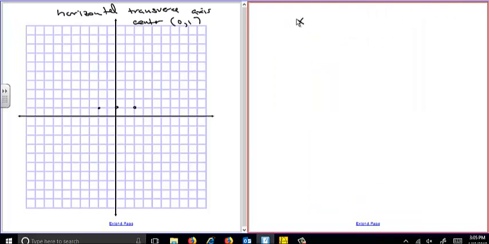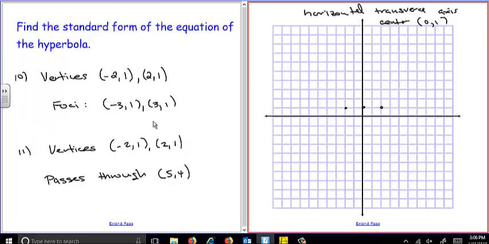So from that, I can partially write this. I'm going to have x squared divided by a squared, which is 4, since a is 2, the distance from the center to the vertices. I'm going to subtract y minus 1, because the y coordinate of the center is 1, squared over b squared, and that's equal to 1. So I just need to figure out b, but I know that it goes through this point, 5, 4.